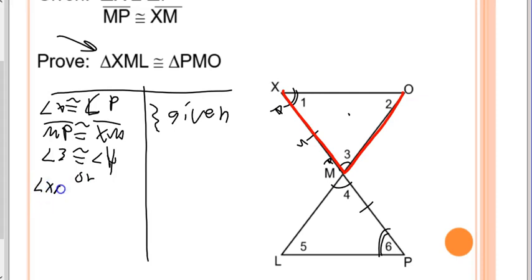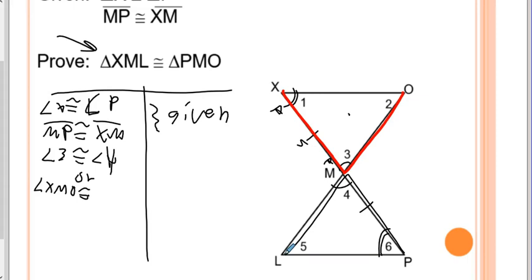Angle XMO is congruent to, I wrote that underneath 3 because it's the same thing as 3. Now be careful. Notice with XMO, I started at the arcs, the 2 arc marks, which means I have to start not at LMP, I have to do PML. I have to go the same order. You will lose partial points if you say XMO and LMP because they don't line up.